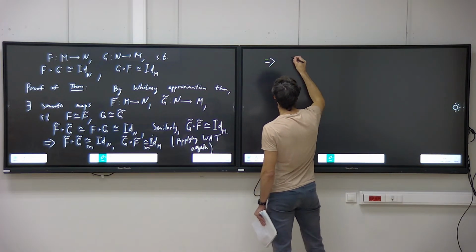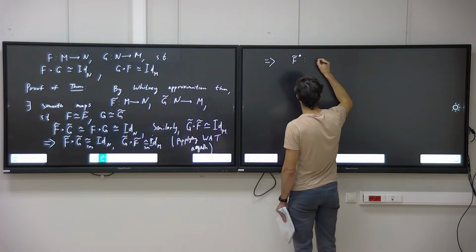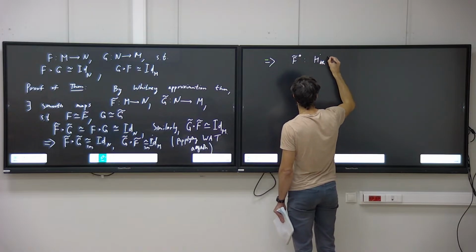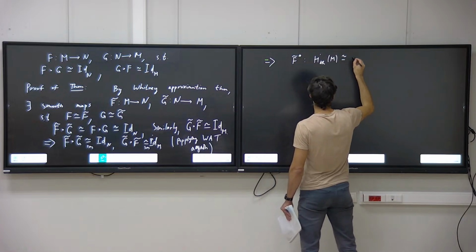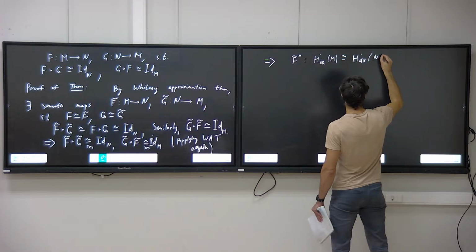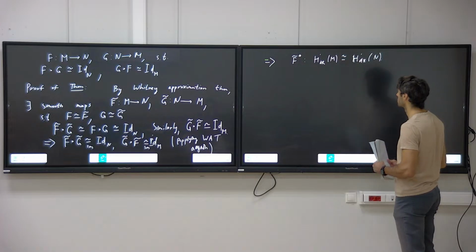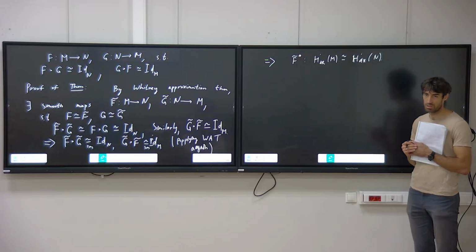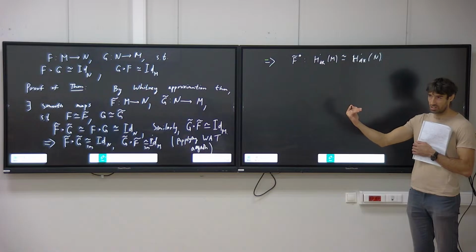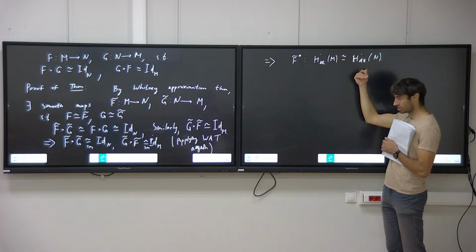So therefore, F tilde star is an isomorphism between H_dR of M and H_dR of N. And I mean isomorphism, so I need to be specific, these are vector spaces, but I really need this to be an isomorphism as graded vector spaces, meaning that in each degree, the kth homology here is isomorphic to the kth homology here.